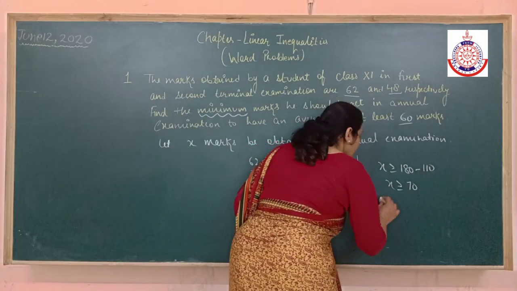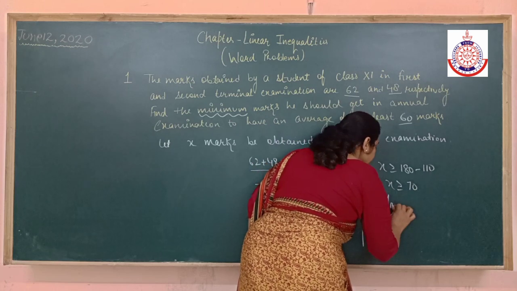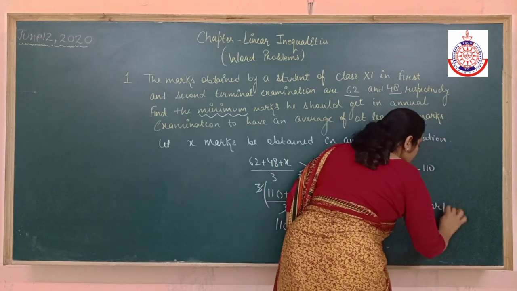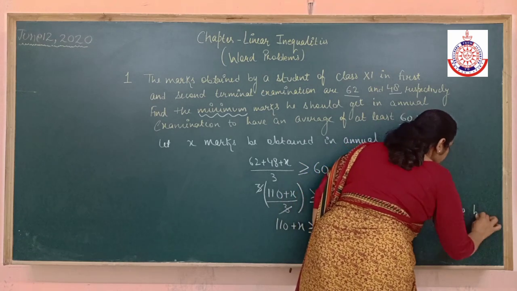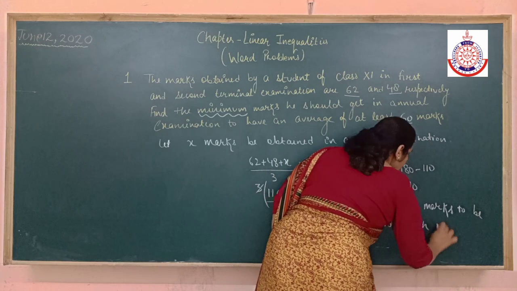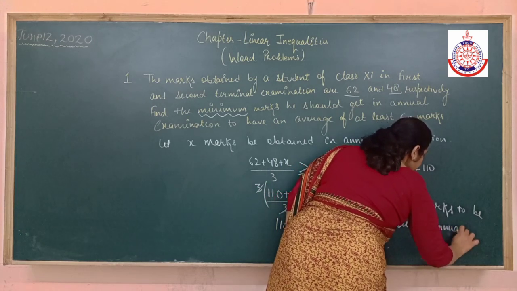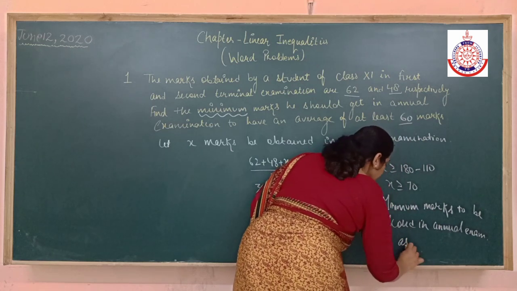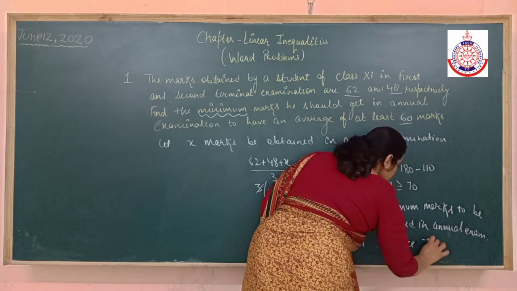Therefore, minimum marks to be obtained or to be scored in annual examination are 70.